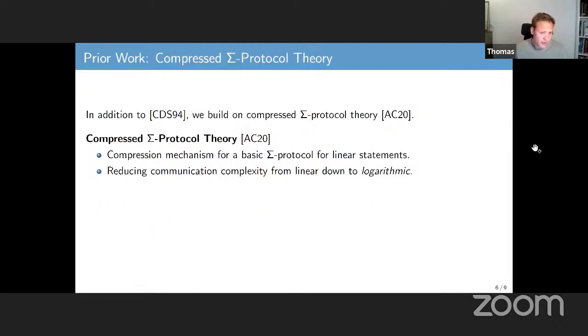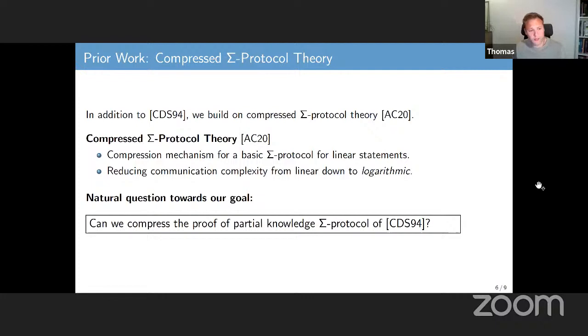In addition, what we will be doing is building our proofs of partial knowledge on the Sigma protocol of this Crypto94 approach, but we will also build on compressed Sigma protocol theory introduced at Crypto 2020. Compressed Sigma protocol theory introduces a compression mechanism for basic Sigma protocols, which allows the communication complexity to be reduced from linear down to logarithmic.